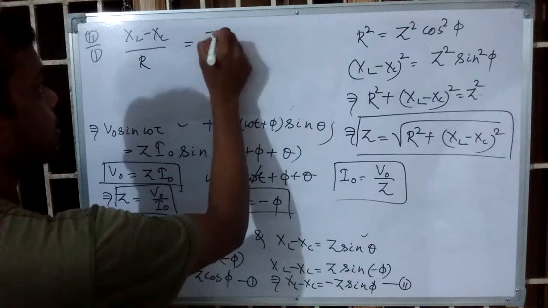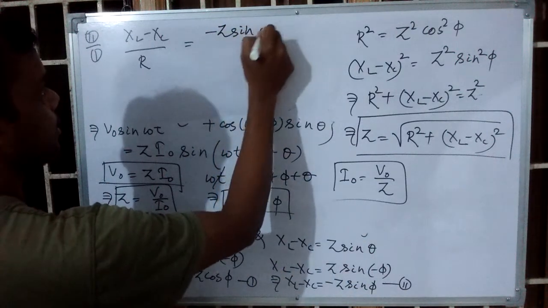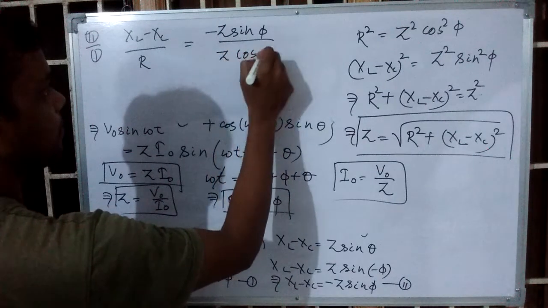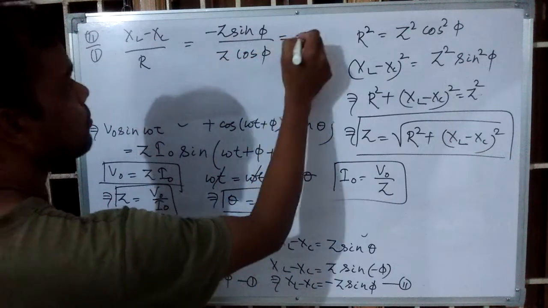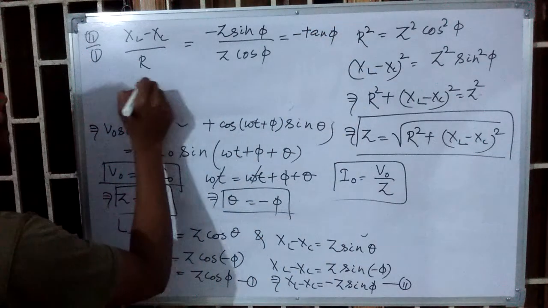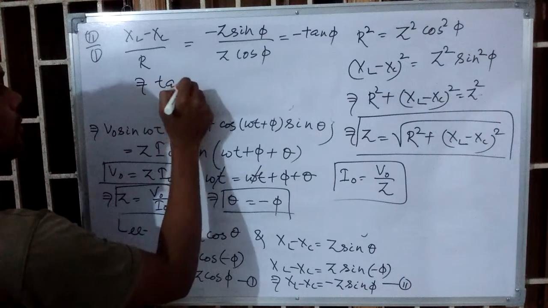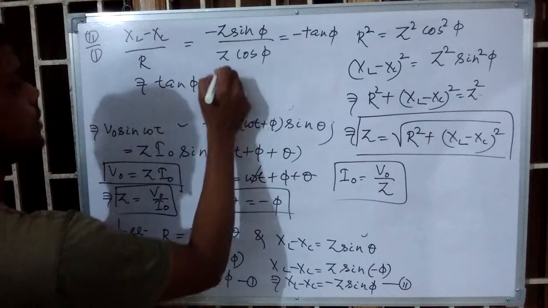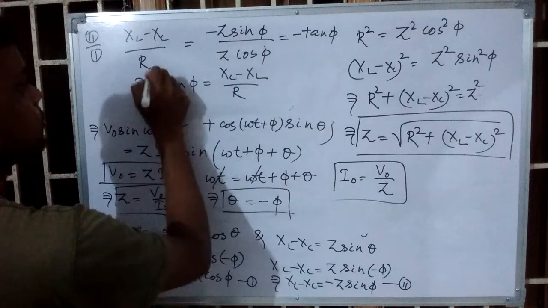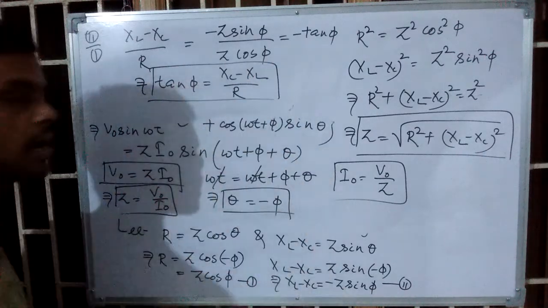So right is minus Z sin phi by Z cos phi. So this is equal to minus tan phi, implies tan phi is equal to XC minus XL by R. So this is the value of phi.